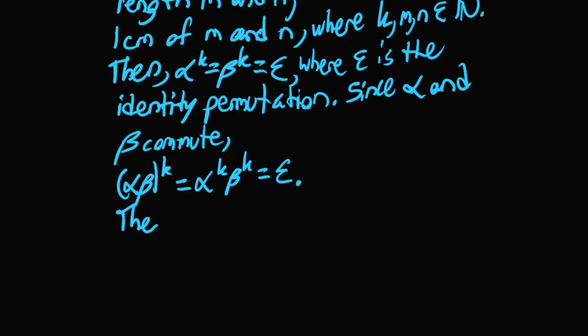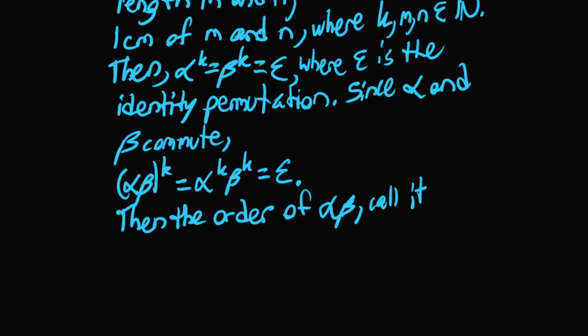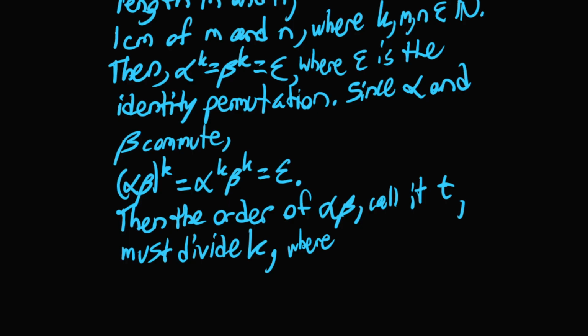So then the order of alpha beta, call it t, must divide k, where t is a natural number.